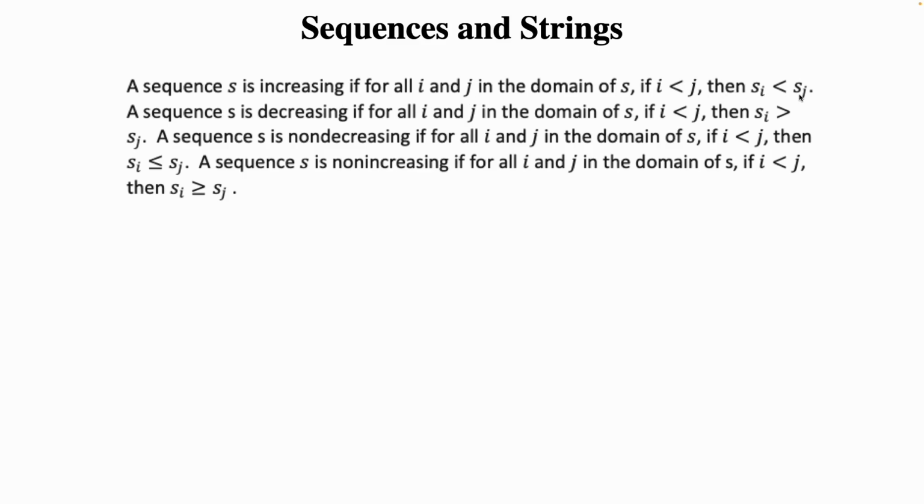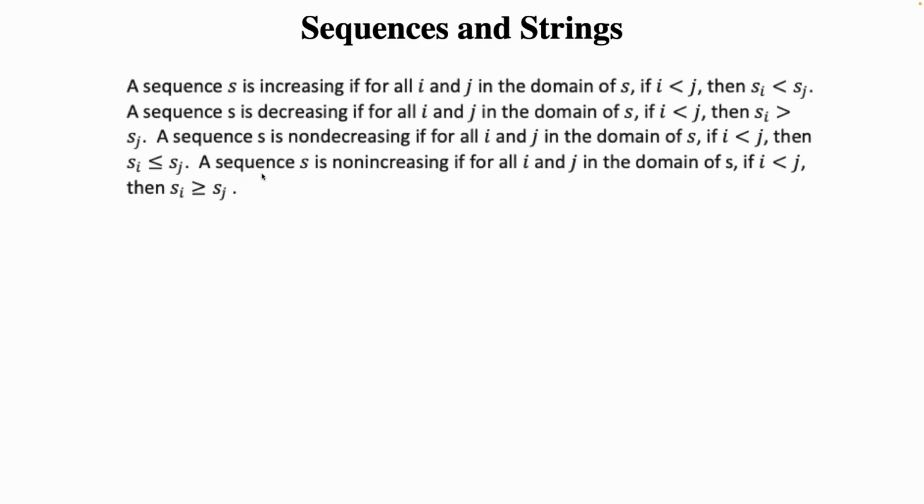S_i always has to be less than S_j, whereas with non-decreasing, S_i can be less than S_j, but less than or equal is also allowed. So non-decreasing means that it's either staying the same or going up. That's where the term non-decreasing comes from.